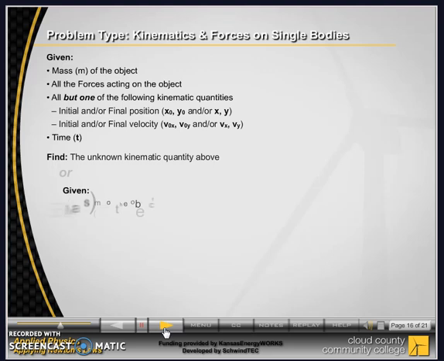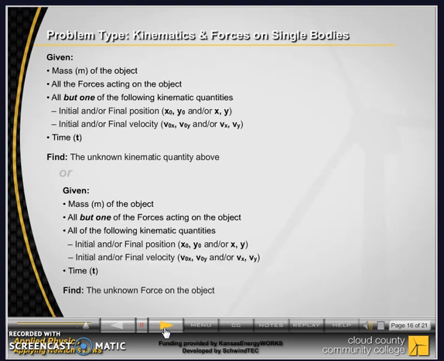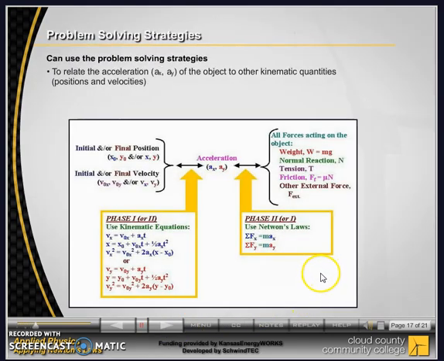Or given mass of the object, all but one of the forces acting on the object, all of the following kinematic quantities, initial and or final position, initial and or final velocity, and time, find the unknown force on the object. You can use the problem-solving strategies to relate the acceleration of the object to other kinematic quantities, positions and velocities, or use the steps for relating the acceleration to the force.